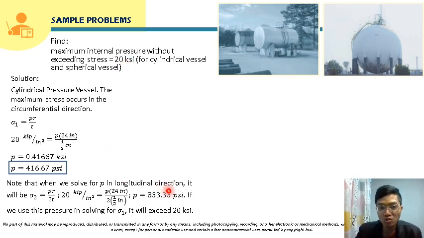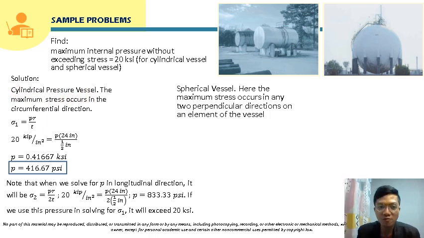So we cannot use the stress in the longitudinal direction, because the maximum pressure that the cylindrical vessel can withstand is this pressure already. So this will now be the answer: the pressure is 416.67 psi for the cylindrical pressure vessel.